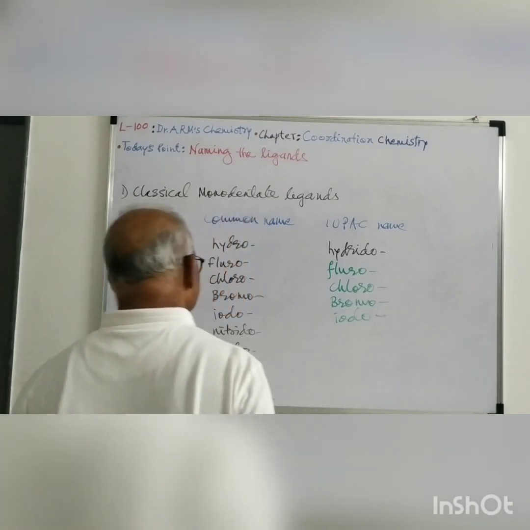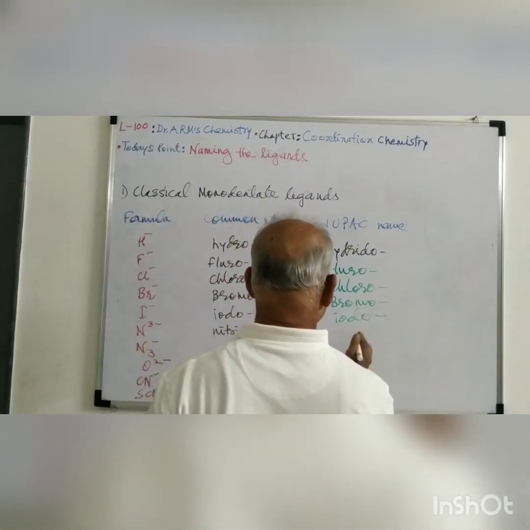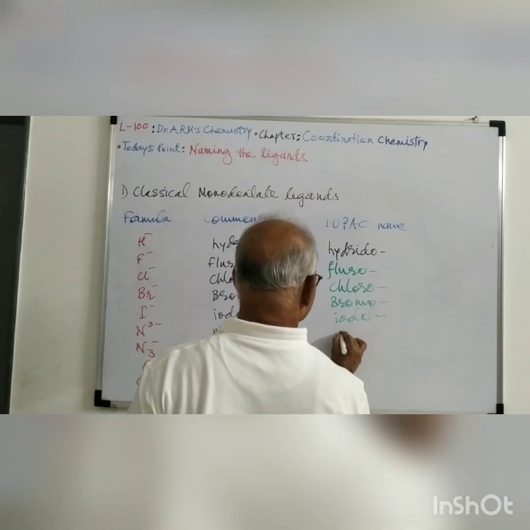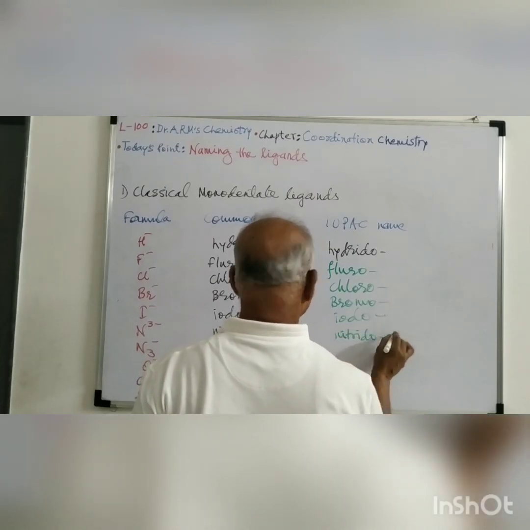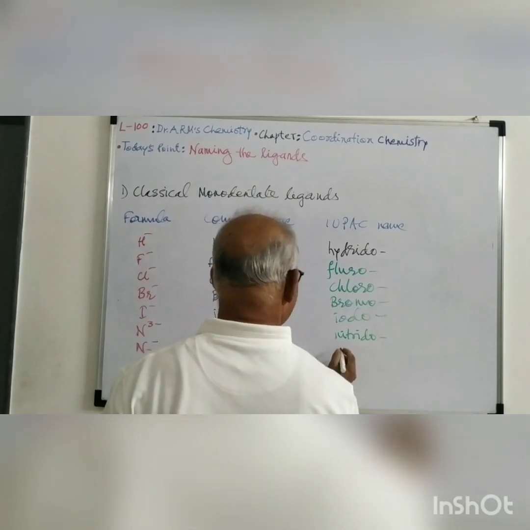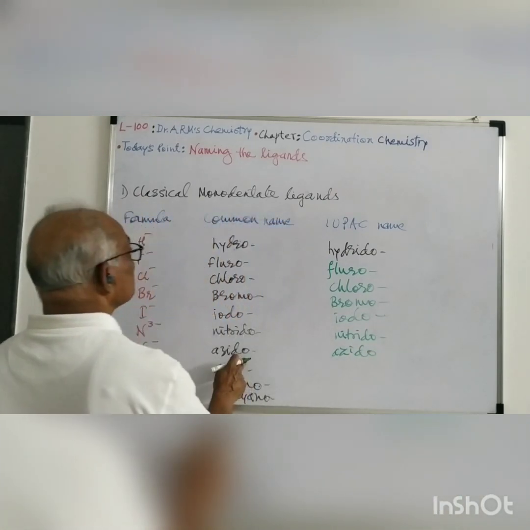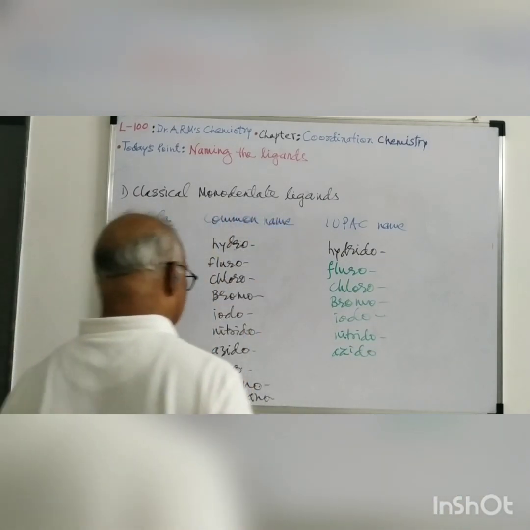Then nitrido is also written as it is, nitrido. Then azido is also named as it is, azido, which is used as a common name.